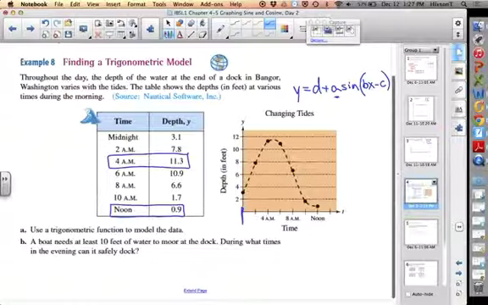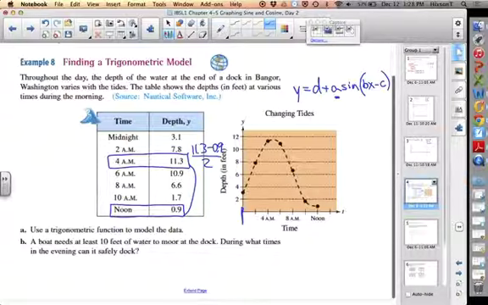The amplitude will give us what A is. If I have a max at 11.3 and a min at 0.9, that's a distance of 10.4, right? So what's the amplitude? 5.2, over 2, 5.2. Good. We're going to do 11.3 minus 0.9 and then divide that by 2.